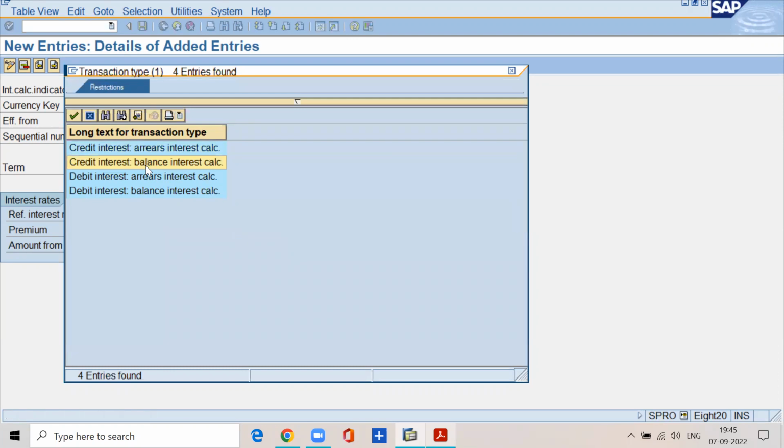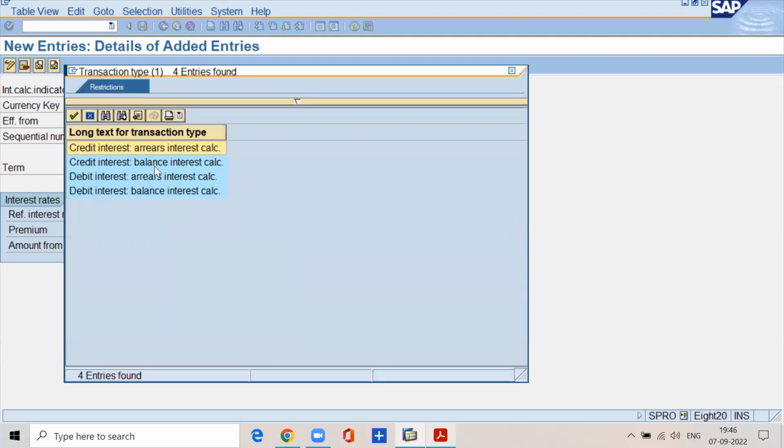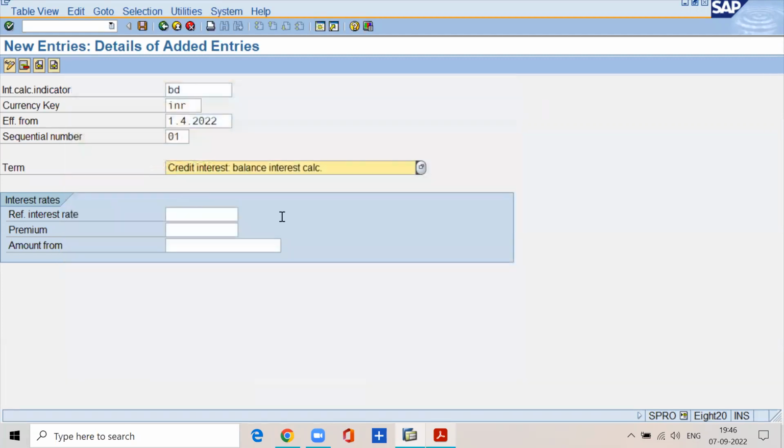Credit interest, balance interest calculation, within brackets, interest on debit items. So credit interest means interest on debit items.